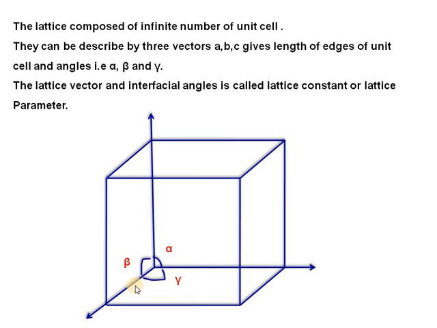These lattice vectors and interfacial angles of these crystals can be defined in the lattice point, and are collectively known as the lattice constants or unit cell parameters.